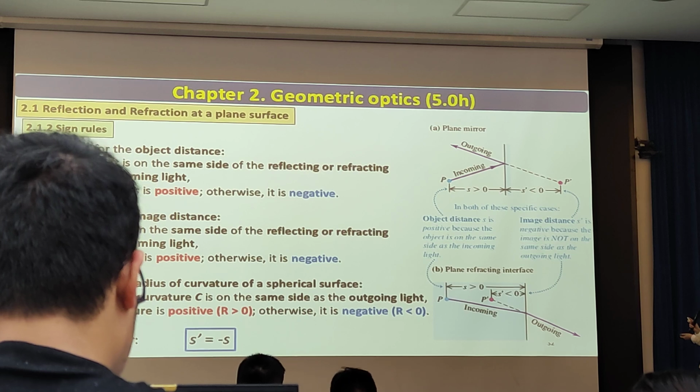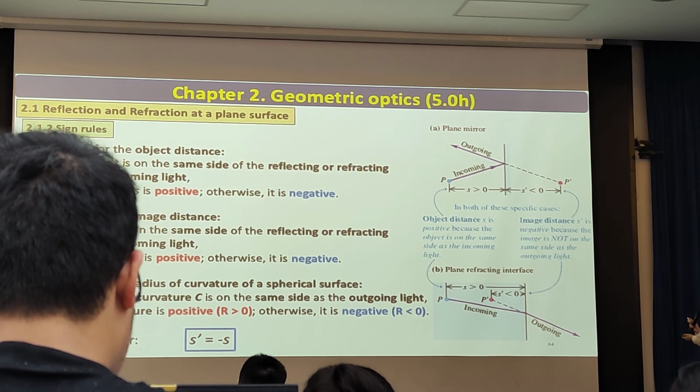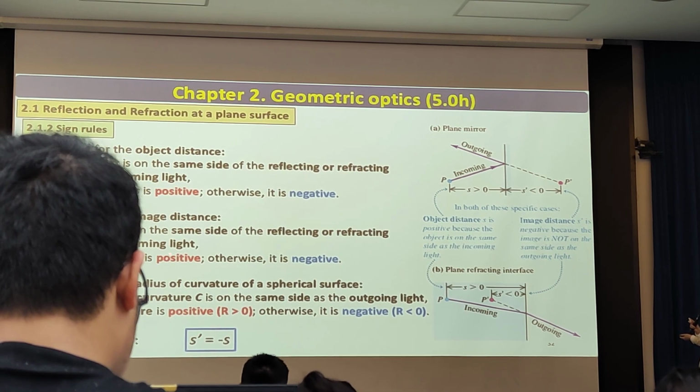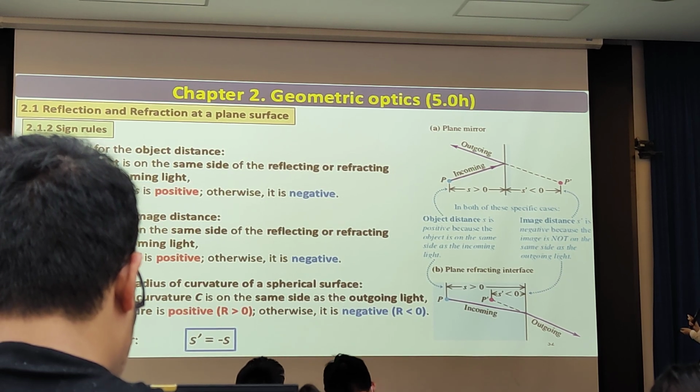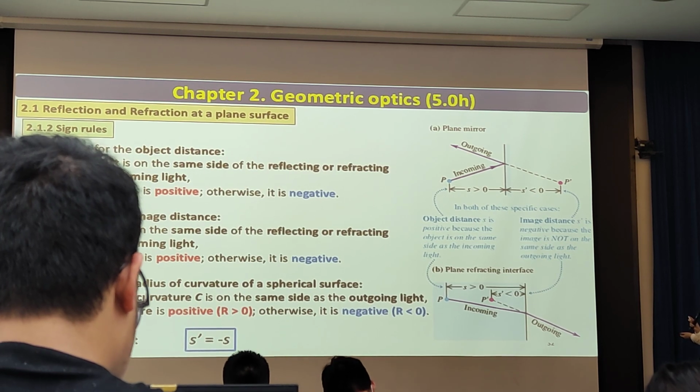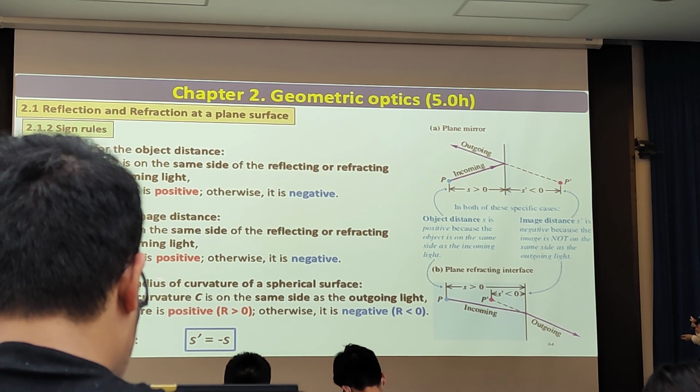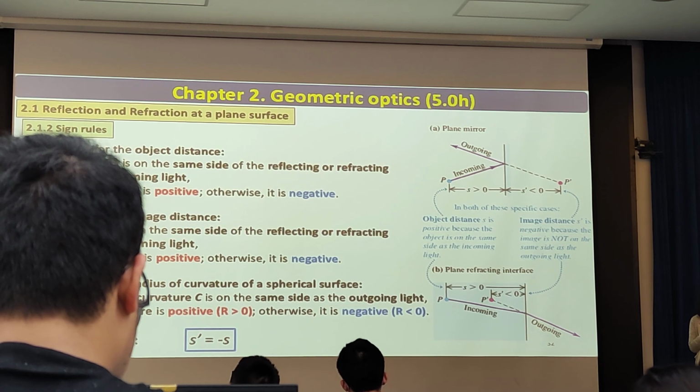And for the image, you must compare with the outgoing light. Okay? When the image is on the same side of the reflecting or refracting surface as the outgoing light, you have positive image distance. If not, you have negative image distance.